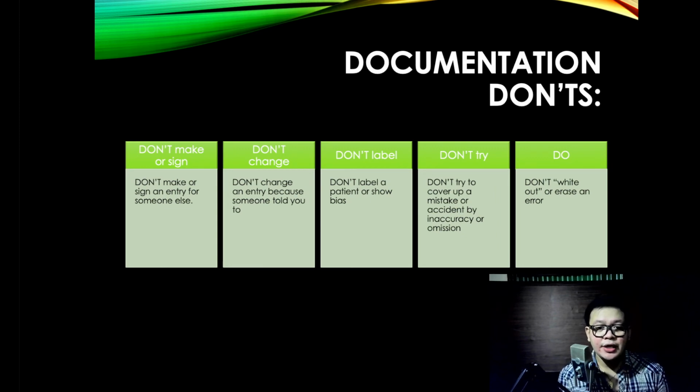Next, don't try to cover up a mistake or accident by inaccuracy or omission. Do not cover any mistakes coming from your colleague, because if there would be an investigation, we can certainly find out if it is your own mistake or the mistake of your colleague.